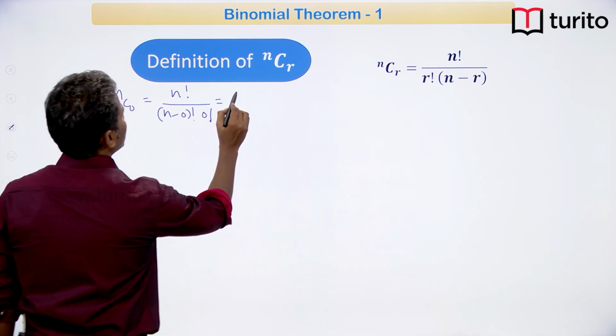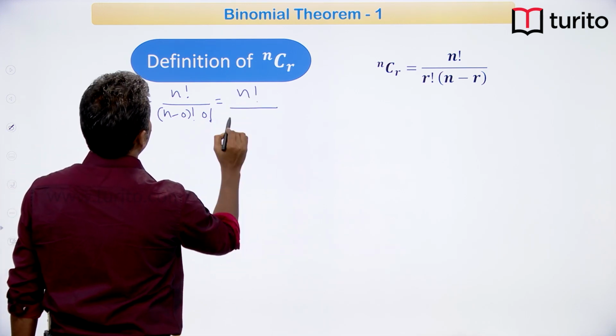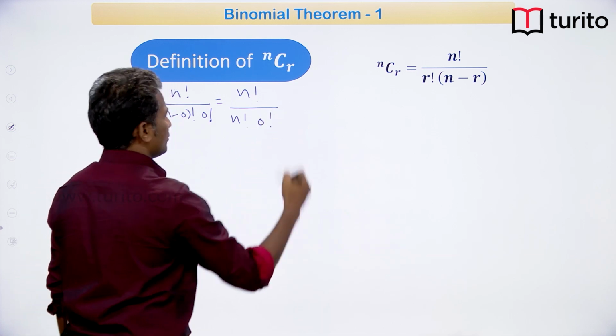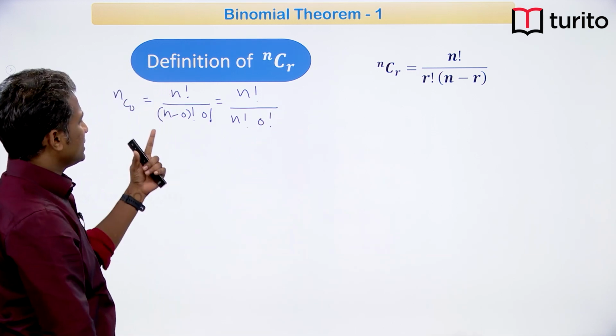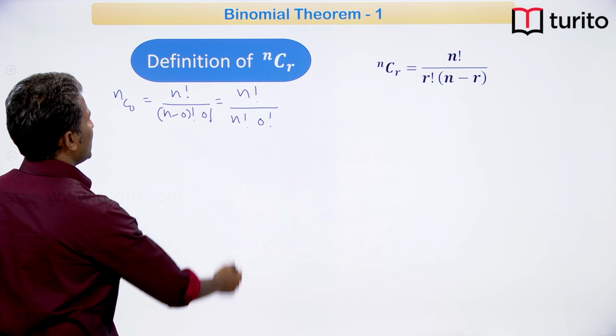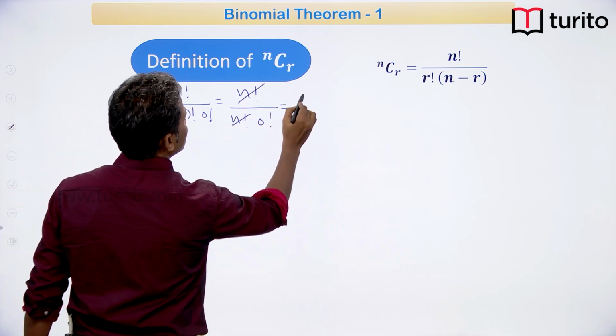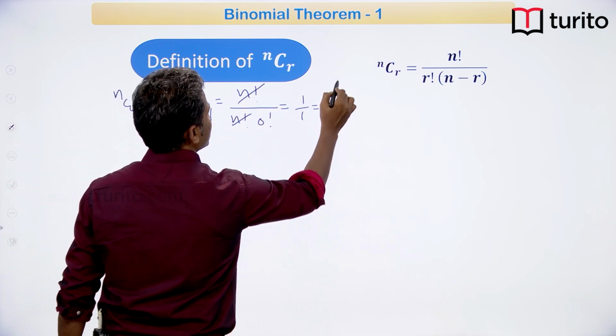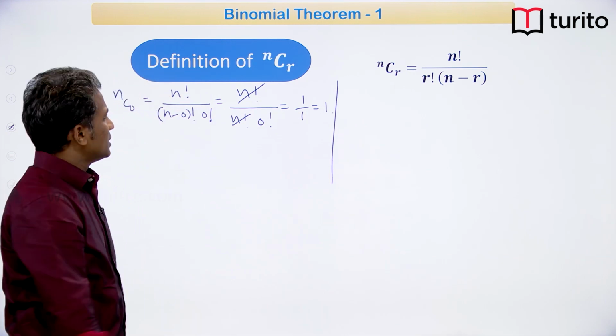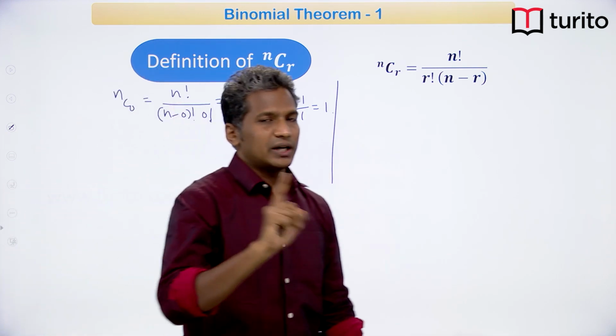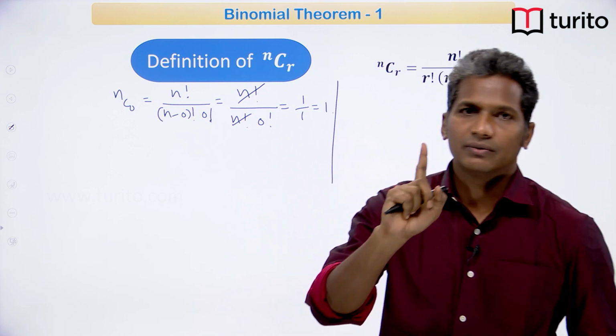Now n factorial divided by n factorial into 0 factorial. We know that 0 factorial is 1 and here n factorial is luckily cancelled. So we will get 1 by 1, which is 1. So nC0 is always 1.